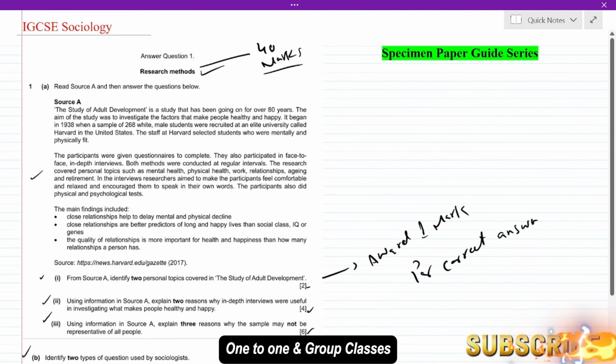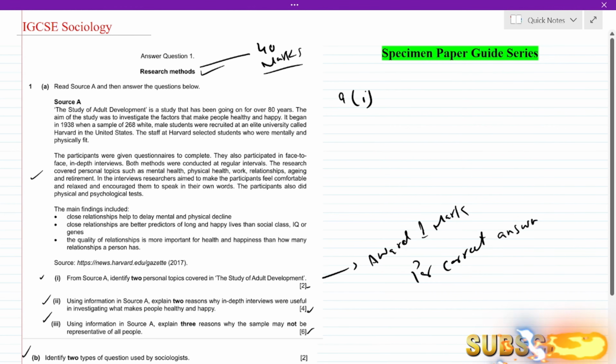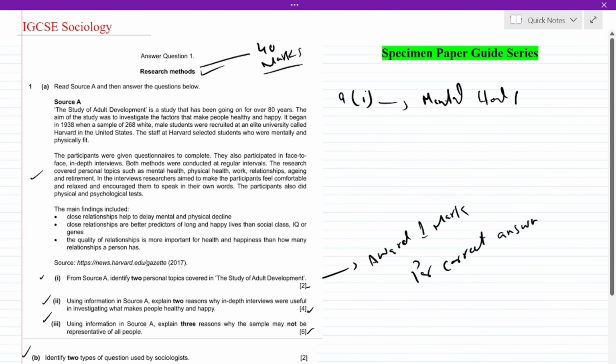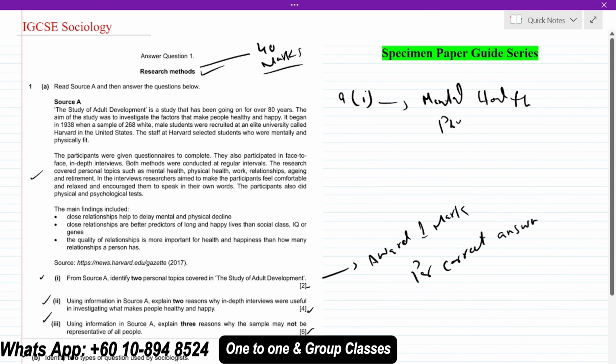And what could be the answer to question number 1 part A? That is mental health and physical health, right? So this is how you can get 2 out of 2 marks from question number 1 part A.